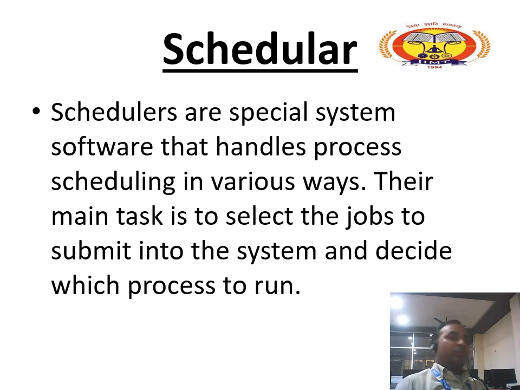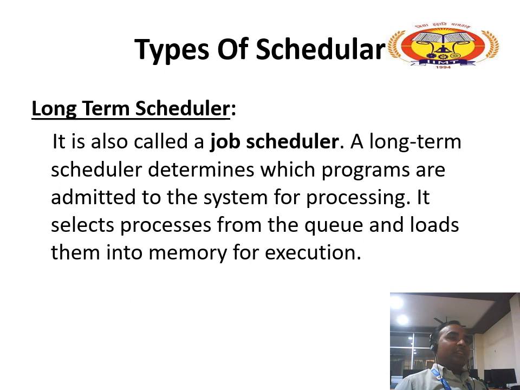So my dear students, there are three types of scheduler. First type is the long-term scheduler. Long-term scheduler, in a simple way we can say it is a job scheduler.